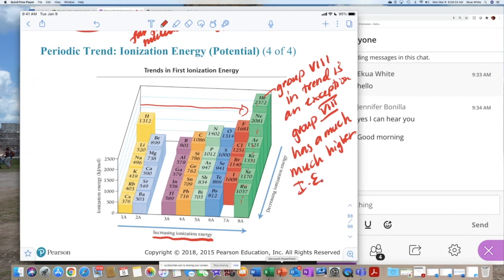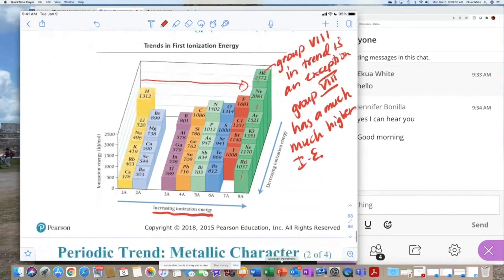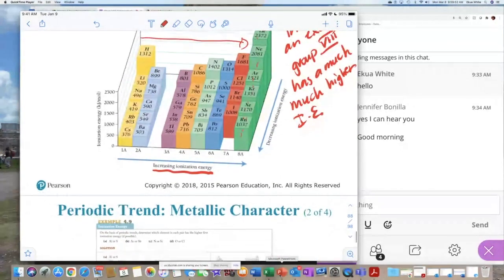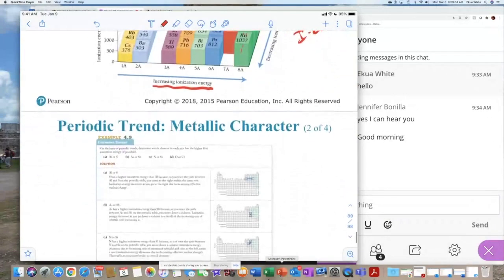So can you make it react? Yeah. Will it cost you? It will cost you a lot in energy because they're so stable. And when they're stable, the elements themselves have a lower energy. So when you're trying to remove an electron from it, you will pay with energy. Okay. The currency in chemistry is energy.